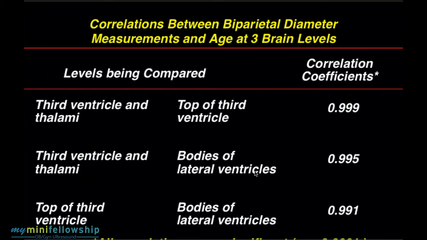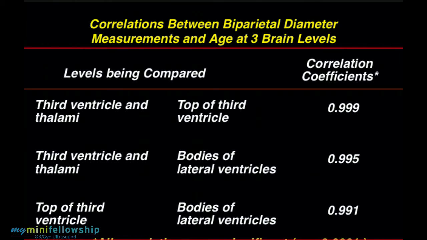Look, when we first started to measure the biparietal diameters, first of all, why did we do it? Well, we did it because when obstetrical ultrasound first came along, they needed a database against which to know what kind of measurements they could obtain. And for many, many years, nurses in the nursery had been taking a caliper and measuring the biparietal diameters of newborns of premature age and term.